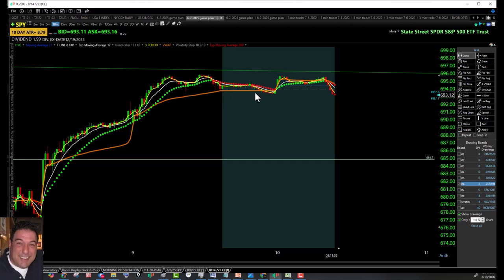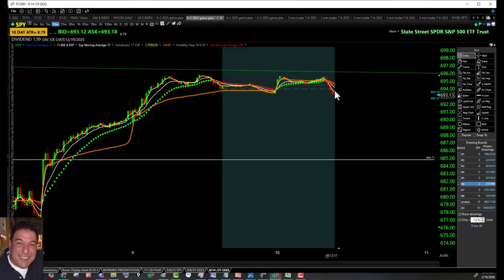They failed. Okay, in the post-market, pre-market, they tried to make a higher high here. They failed. They tried to make a higher high here. They failed. All right, so there's like 2 failures in the pre-market, post-market activity and 1 failure right here.